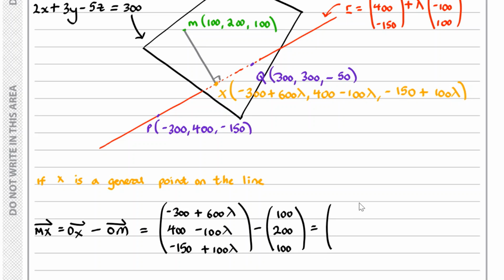If we work this out, we end up with minus 400 plus 600 lambda, 200 minus 100 lambda, and minus 250 plus 100 lambda.